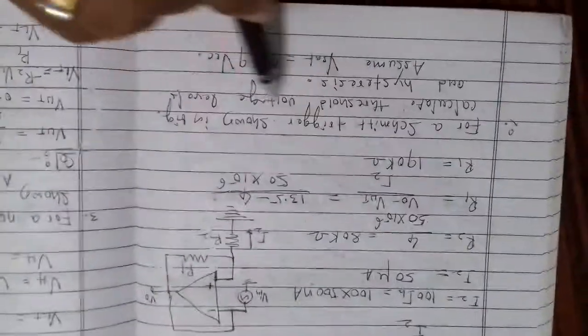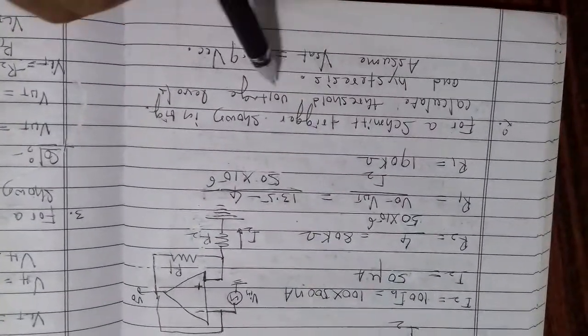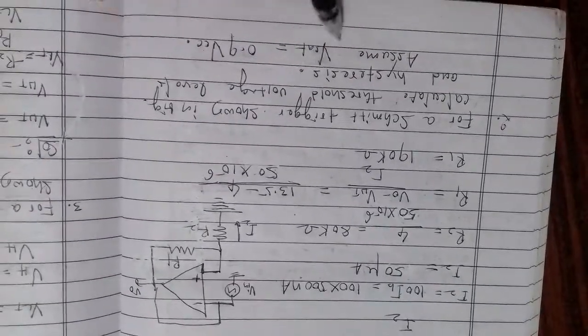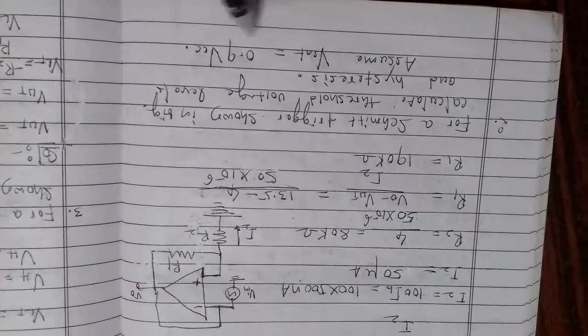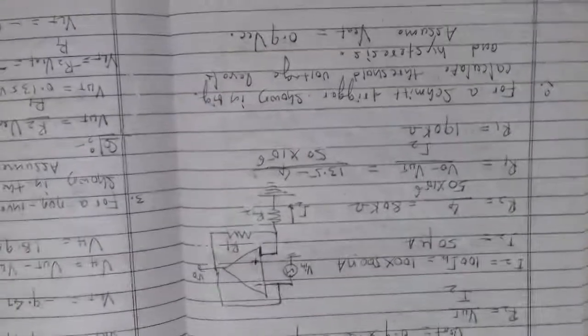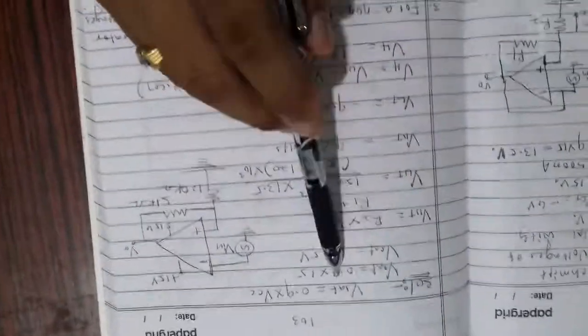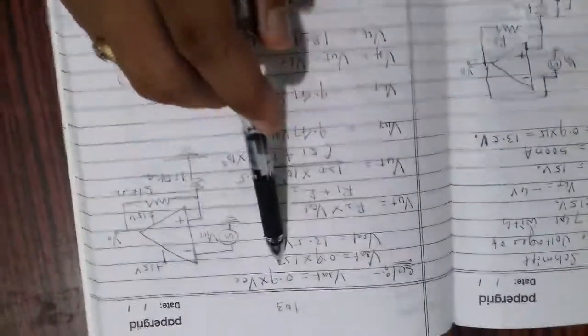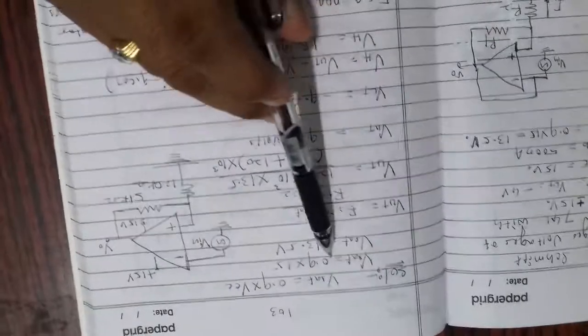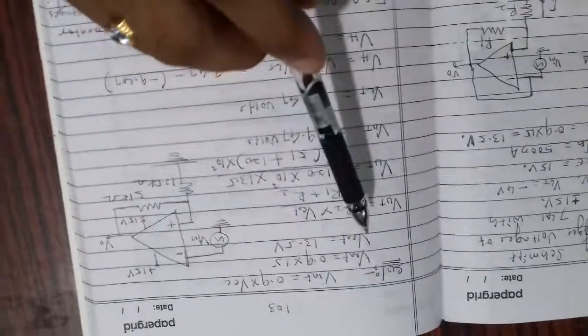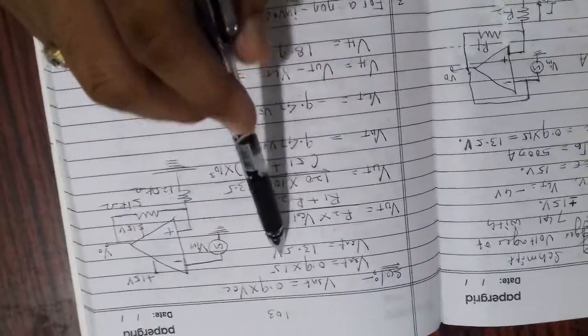For a Schmitt trigger shown in the figure, calculate threshold voltage levels and hysteresis. Assume V saturation is equal to 0.9 VCC. Saturation voltage is equal to 0.9 VCC, so V saturation is equal to 0.9 into 15, which is 13.5 volts.